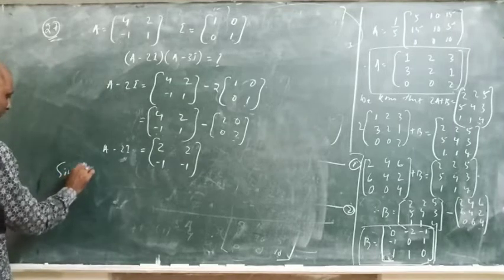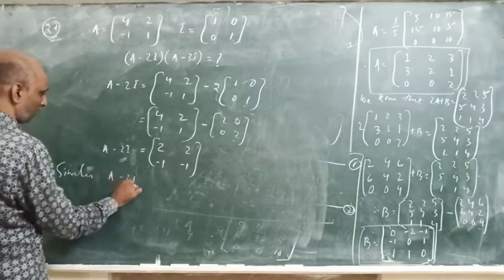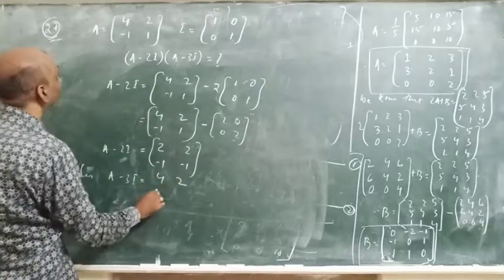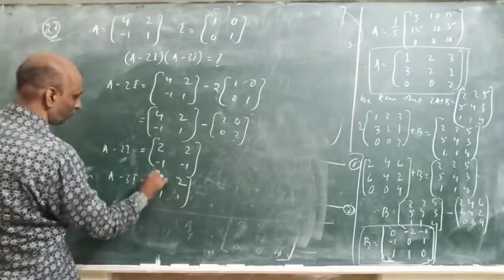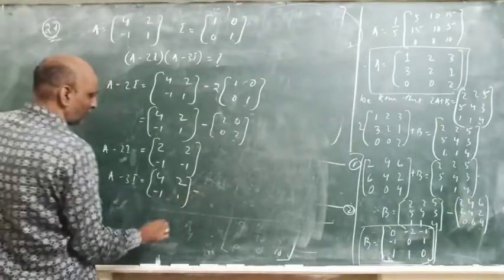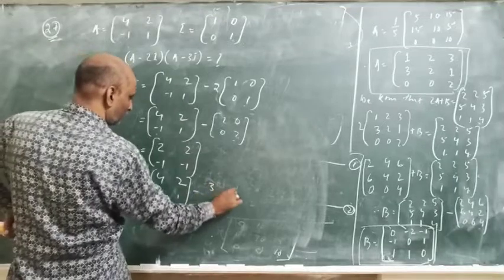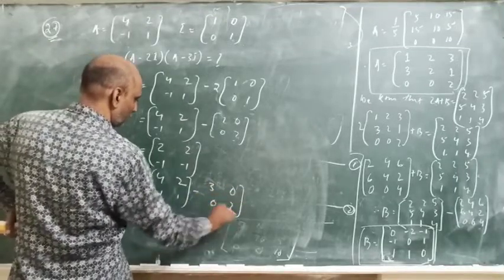Similarly, A minus 3I is equal to [4 2; minus 1 1] minus 3 into I. I am multiplying here [3 0; 0 3].